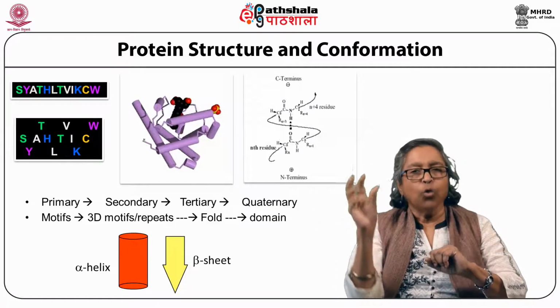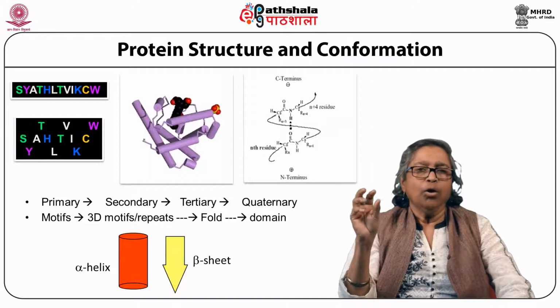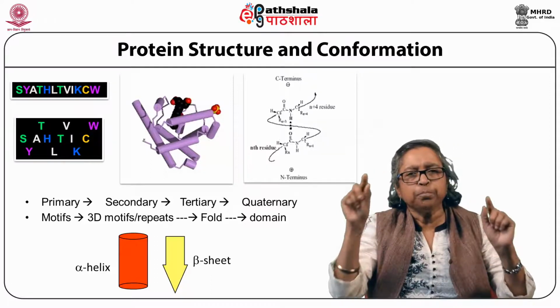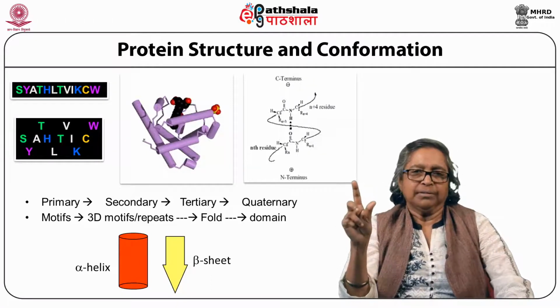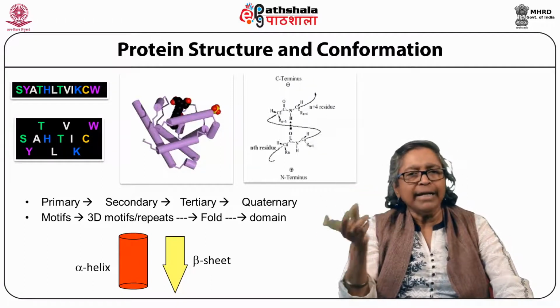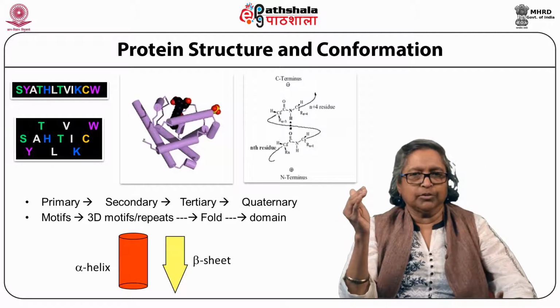But these folds or protein domains contain very specific motifs called active sites. These may be disjointed in sequence and structure, or they may be consecutive places as well.